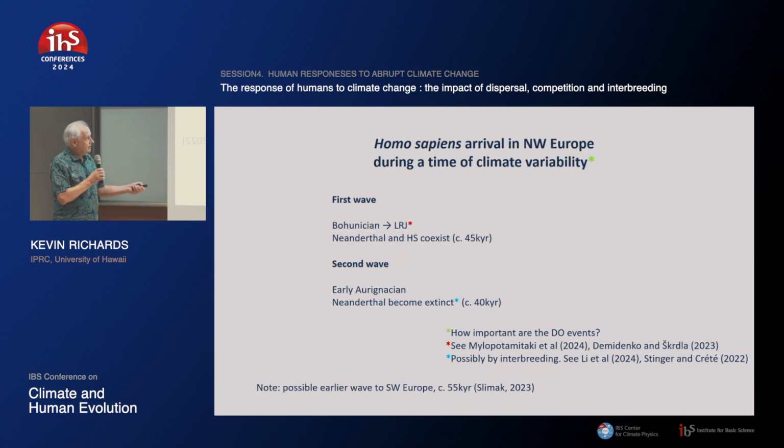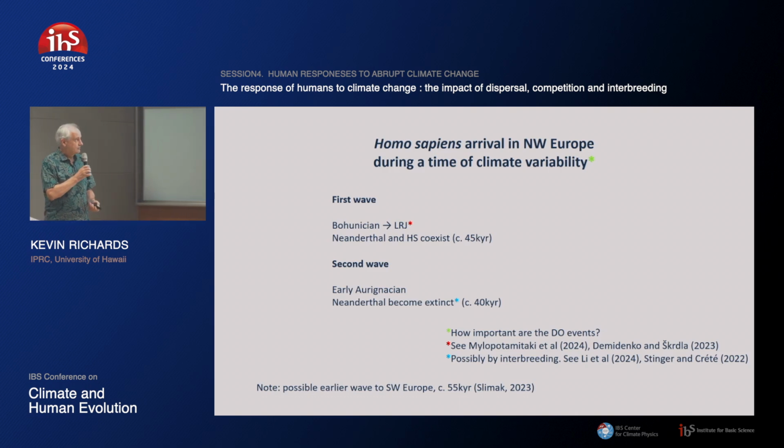And a second wave involving a different techno-complex, which arrived around 40,000 years ago and sort of coincides with the extinction of Neanderthals. One important question is, although there is climate variability, how important are these Dansgaard-Oeschger events on this development?